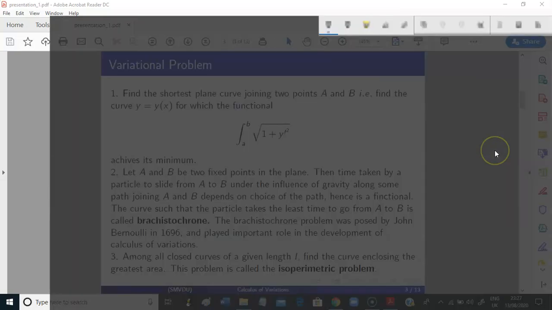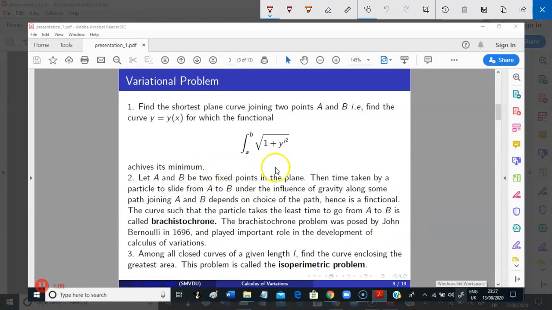In general, a function can be written like this: f as a function of x, y and y dash, and you can further extend to y double dash, y triple dash, and so on and so forth.